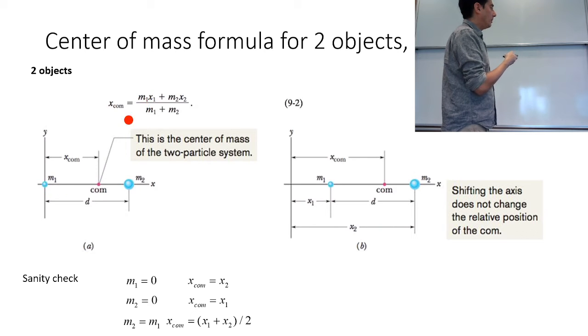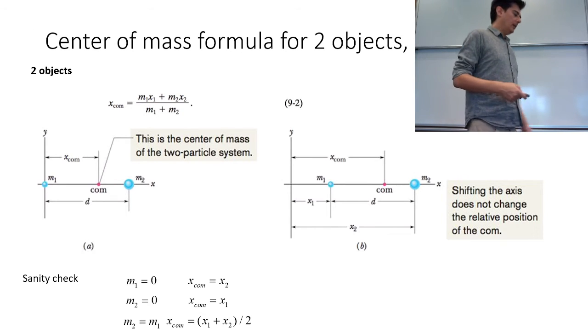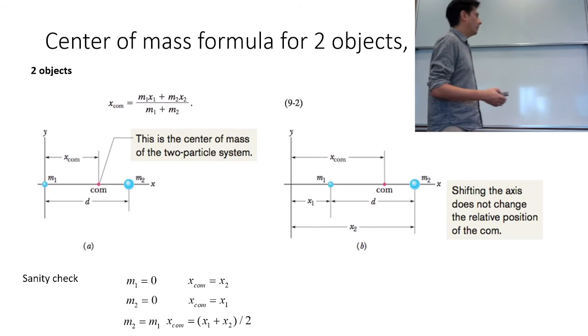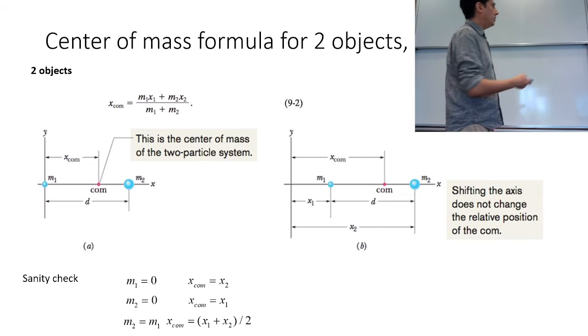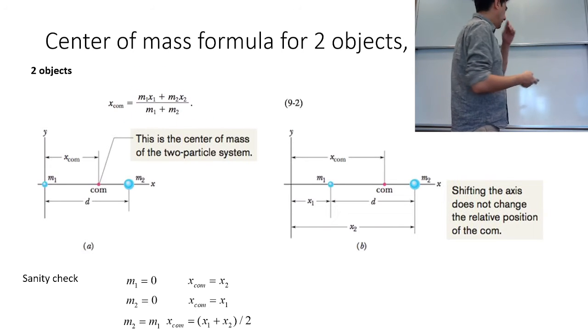So you've got M1, that's your weighting factor, and then that's the position of M1. M2 is the weighting factor for the second object, and then you divide by the total mass so that you average over. So you eventually get something which has dimensions of position.